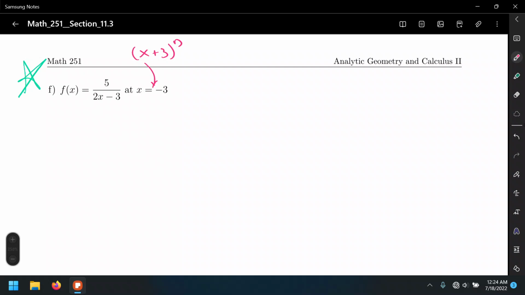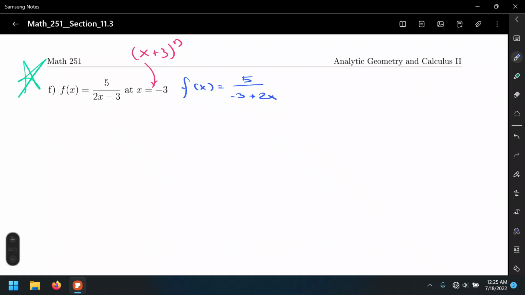And well, number one, this looks like sort of the 1 over 1 minus r, or 1 minus u. Alright, so let's find a way to rewrite this in that form, and that also has an x plus 3 in the u somehow. Okay, so let's have a look. f of x equals, I'm going to rewrite the order of the terms in the denominator, 5 over negative 3 plus 2x.